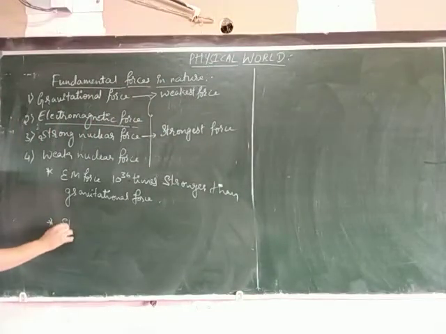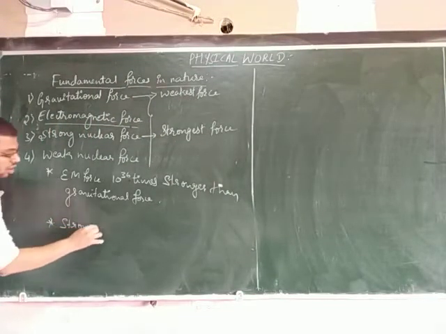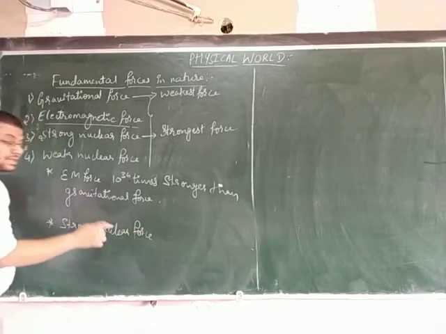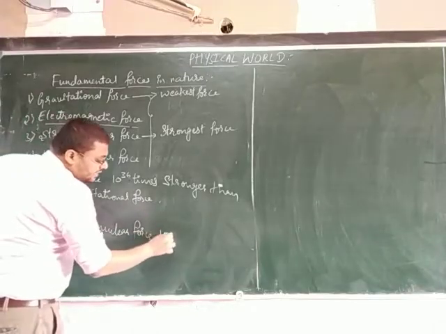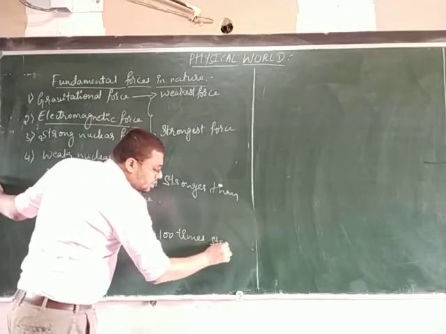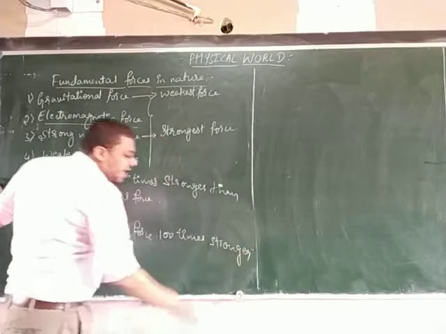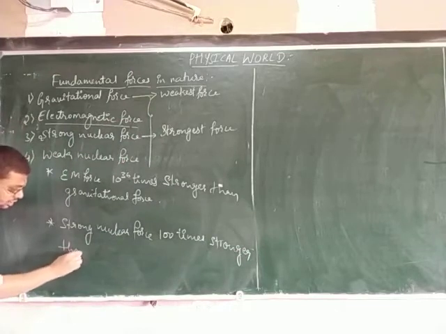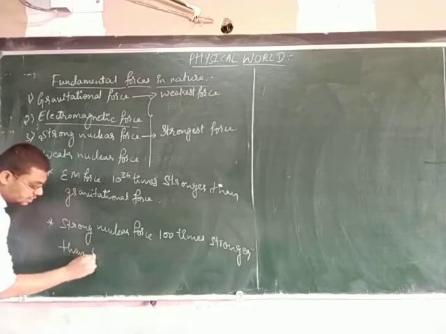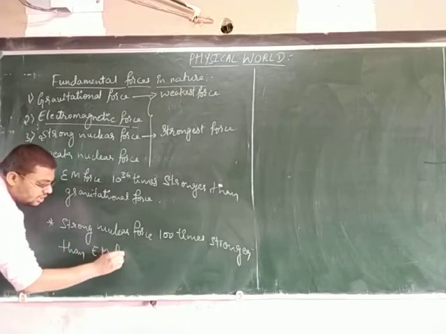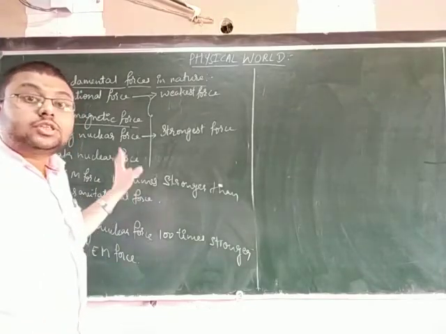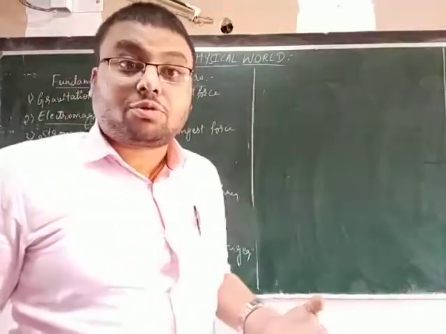the strong nuclear force is 100 times stronger than the electromagnetic force. Look here, the electromagnetic force is 10 to the power 36 times stronger than the gravitational force.